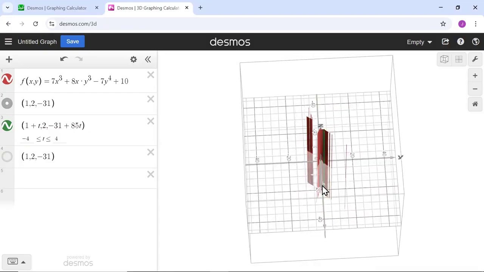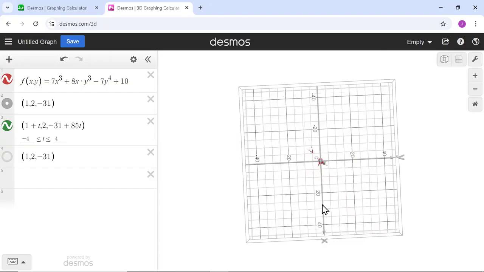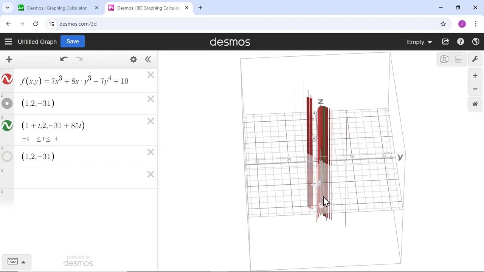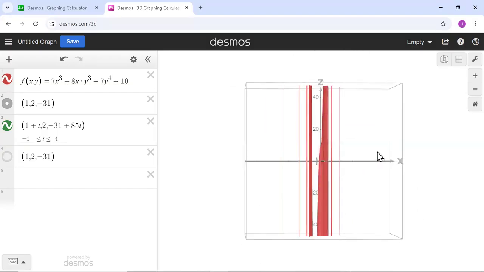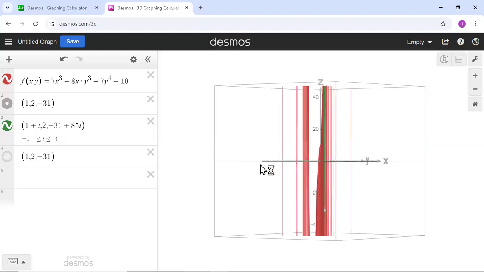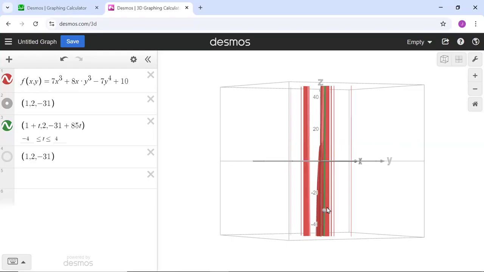And again, it might be hard to see this green line, but it's moving in the direction of x with slope 85. Can't see it because the surface kind of wraps around. And it's really hard to see that it's moving in the direction of x because it's such a steep line. But we get a very, very steep line, slope 85 there.